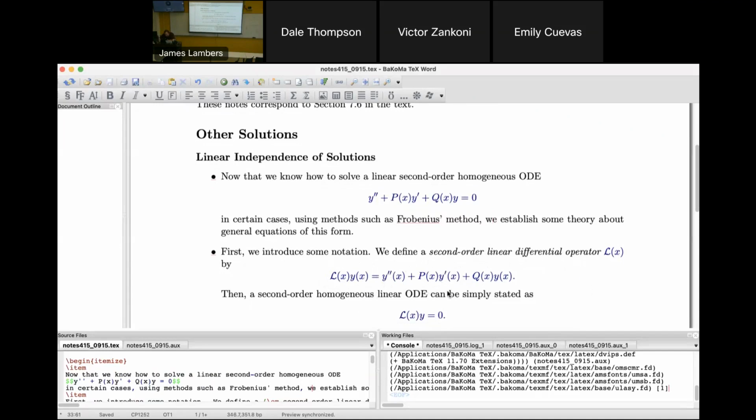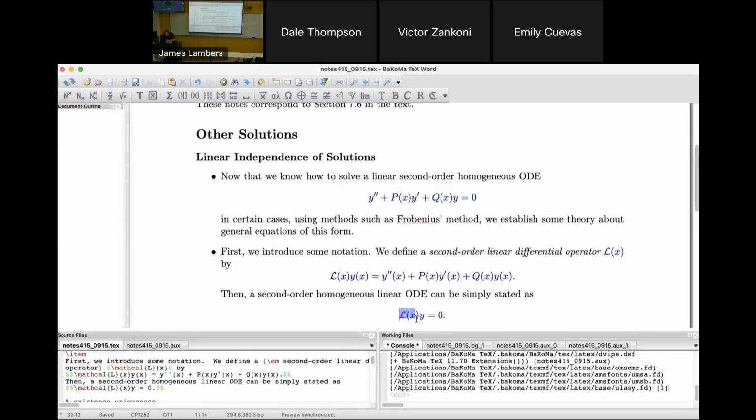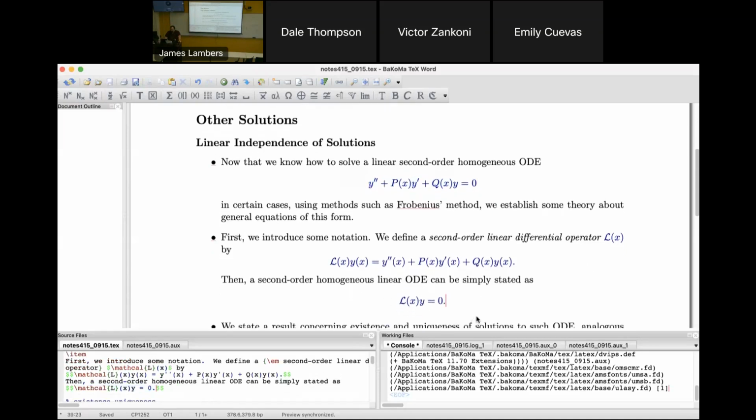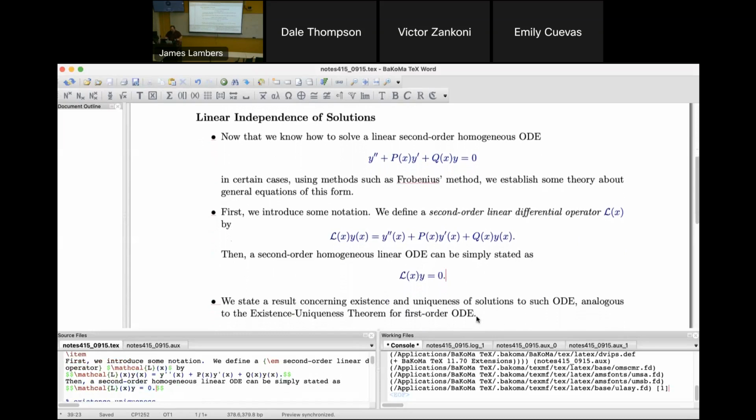So then this ODE can be described in this very compact form: operator applied to y equals 0. And that makes it a lot easier to establish certain things about the behavior of solutions to be able to work with this more concise form of an ODE.